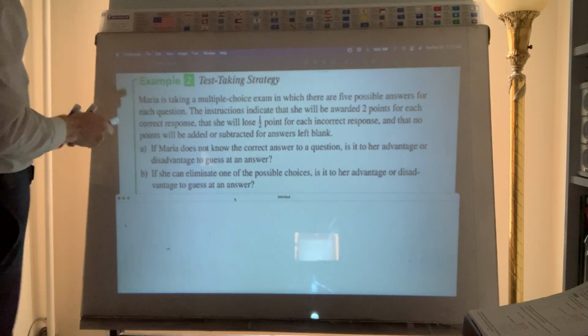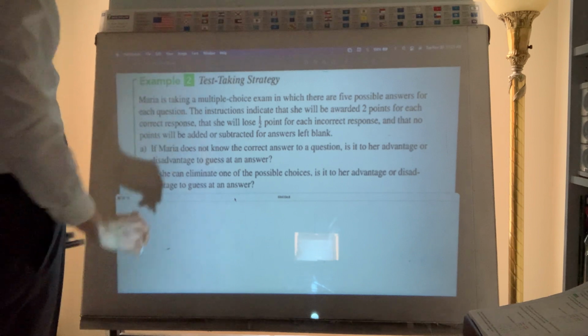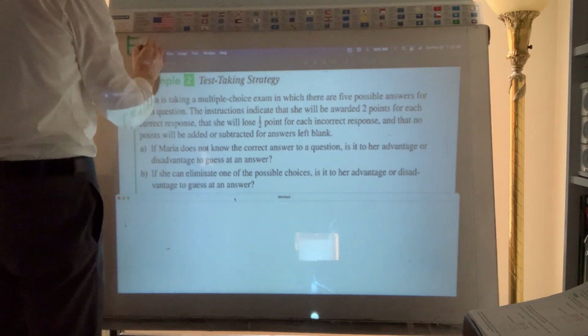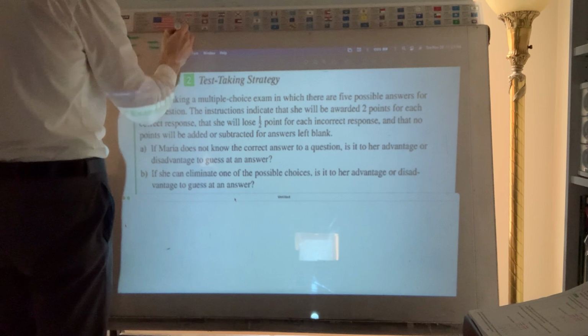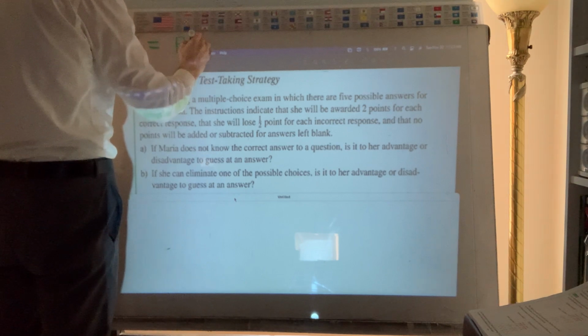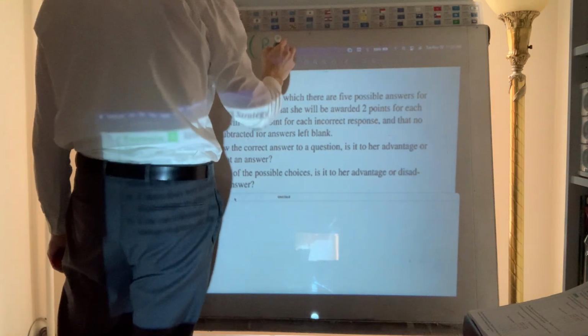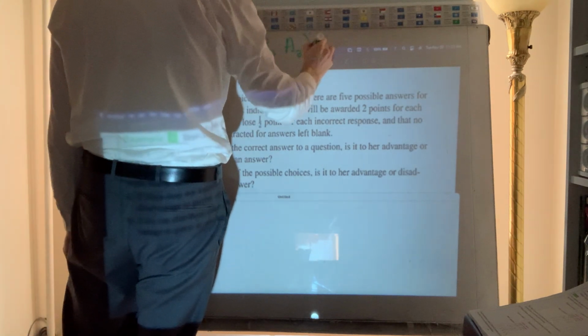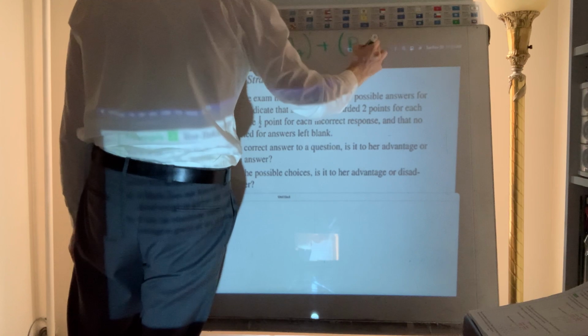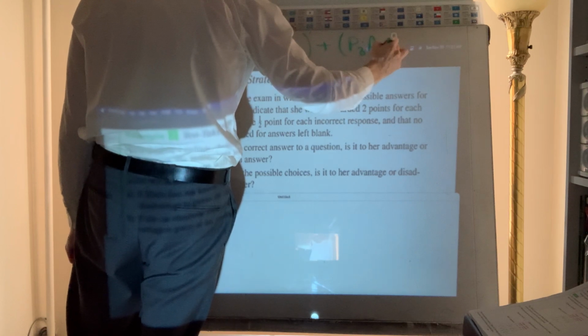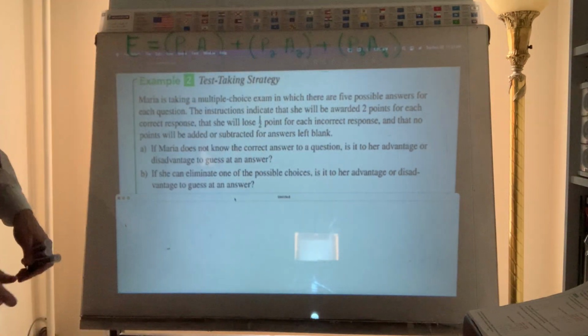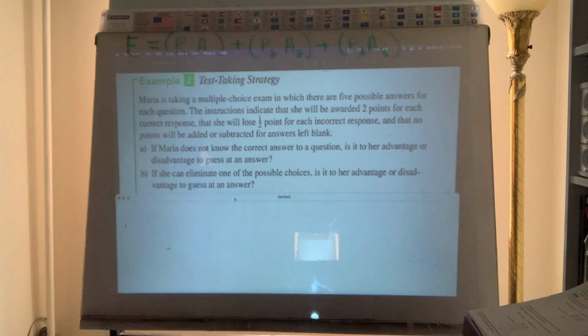Here's the formula again. I'm going to write it in green, and we could modify it as necessary. You may not end up needing this many terms, but there's the model to fill in.